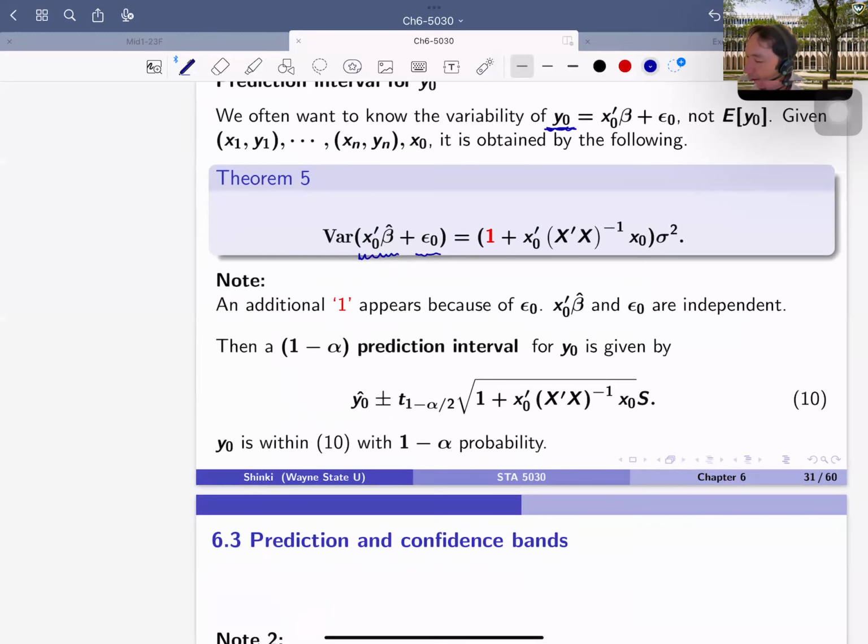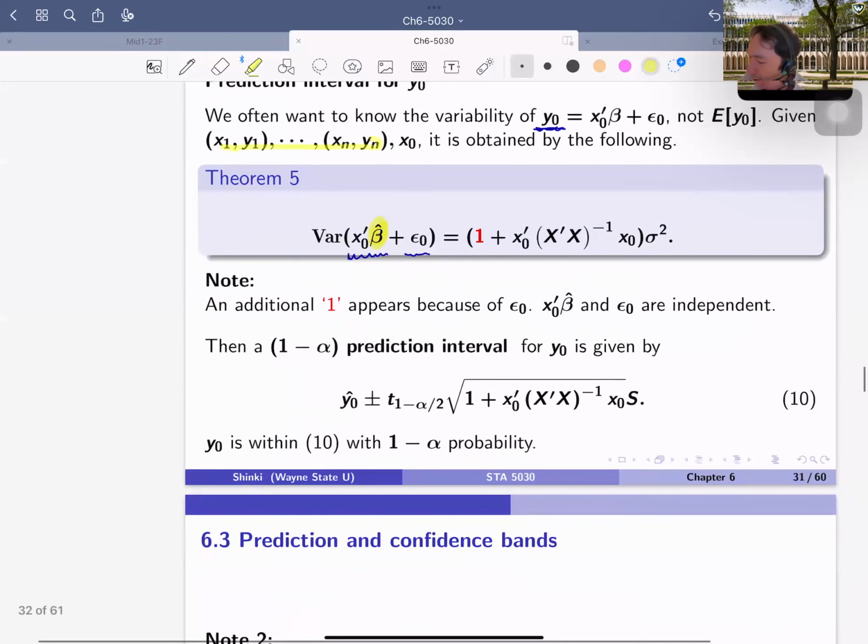The beta hat is calculated based on our observations x1 to xn, right? And the variability of epsilon naught comes from x naught, y naught.